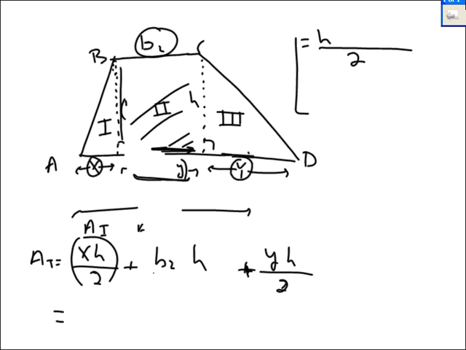Okay, and in order to have a common denominator, I'm going to do like I said. So now everything is over 2, and each term has an H in it.